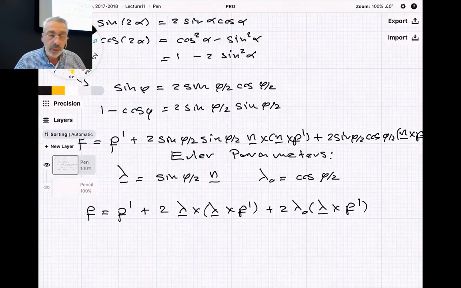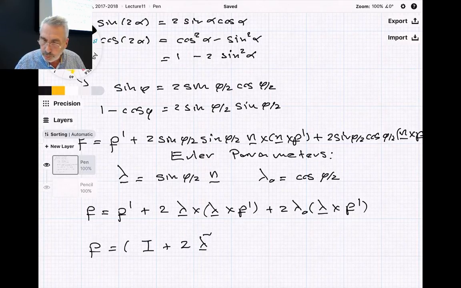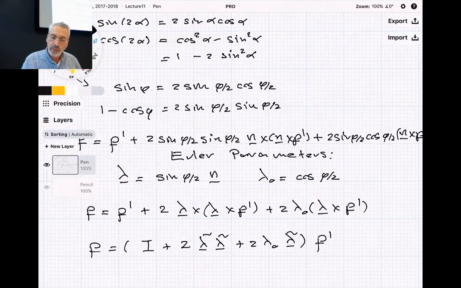And now if we look at the equation and do the same thing as we did with the tilde matrix for the cross product, we can write this again as I plus 2 times lambda tilde matrix plus 2 times lambda 0, just a scalar, times this lambda tilde matrix times p prime.